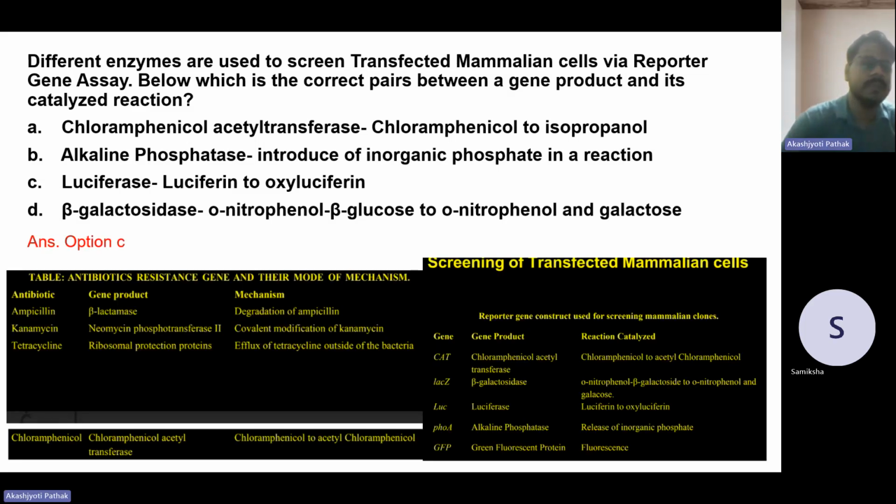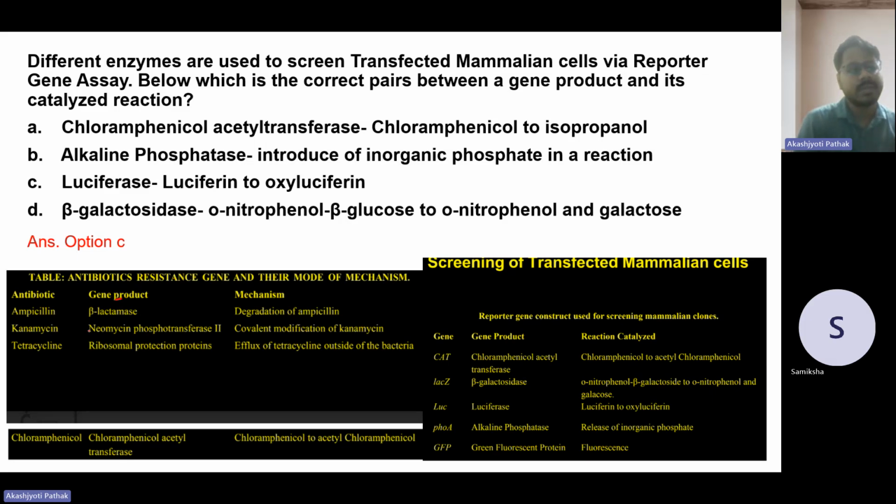This is actually a table of what these genes and gene products are. So the ampicillin resistance gene codes for this gene product, beta lactamase. And when this beta lactamase is produced, this enzyme degrades ampicillin. That is why the bacteria is resistant to ampicillin.